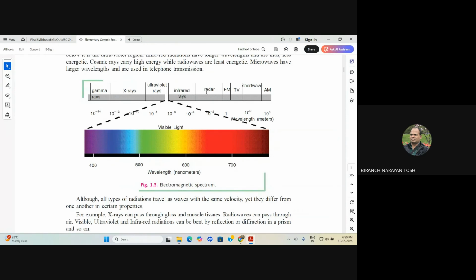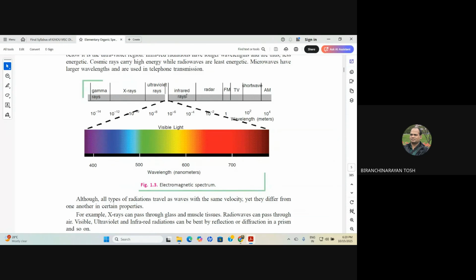But mass is different. So in electromagnetic radiation, let us consider UV, visible and infrared. When a compound is irradiated with ultraviolet or visible ray, they have higher energy in comparison to infrared. According to Bohr's atomic model for the hydrogen atom, when energy is absorbed, an electron jumps from a lower energy level to a higher energy level.